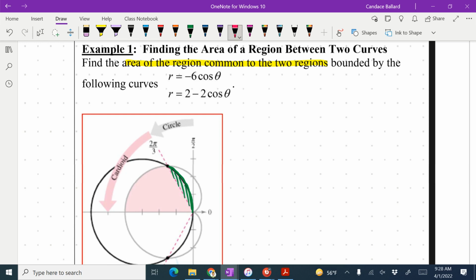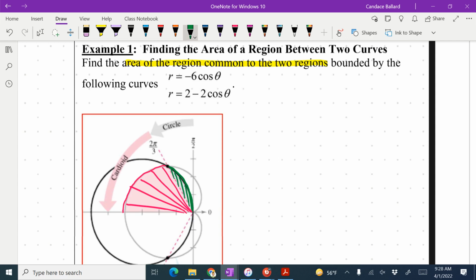Then right at 2 pi over 3, it changes to the cardioid. Now what I am hitting is the cardioid. So do you see how there are 2 different integrals? I could go all the way around to here, and then I'd have to do another integral on the circle because it's not continuous. And it's not continuous over here. So it's probably easier to do the split it in half thing.